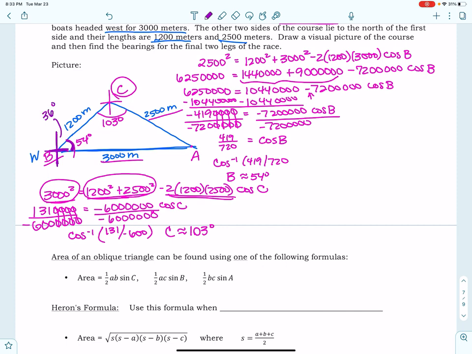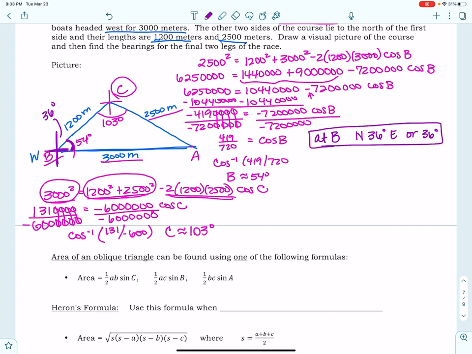So your bearing at B is going to be, you can write it one of two ways. You can write it as north 36 degrees east, or you can just write it as 36 because it starts north. So that is our first bearing.